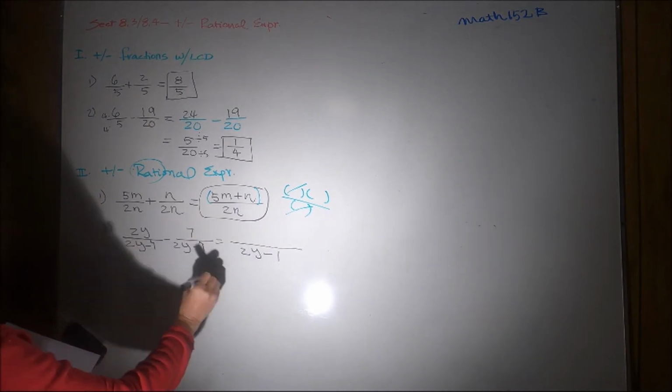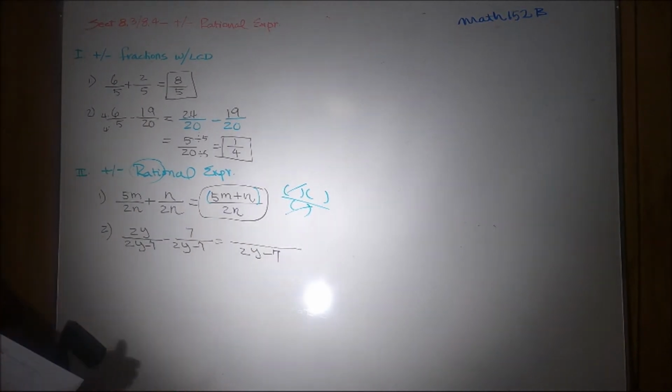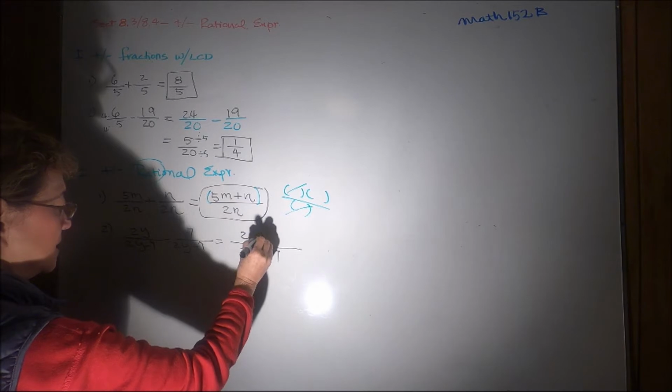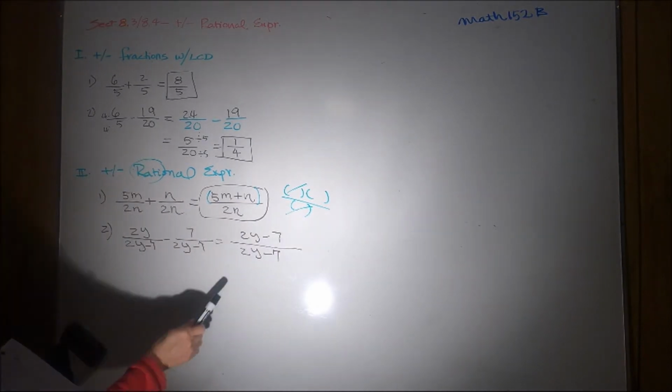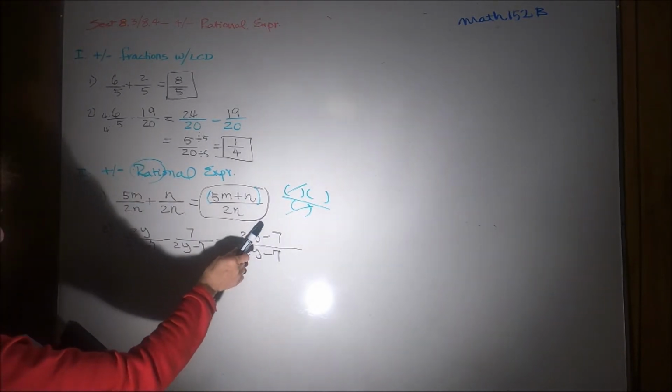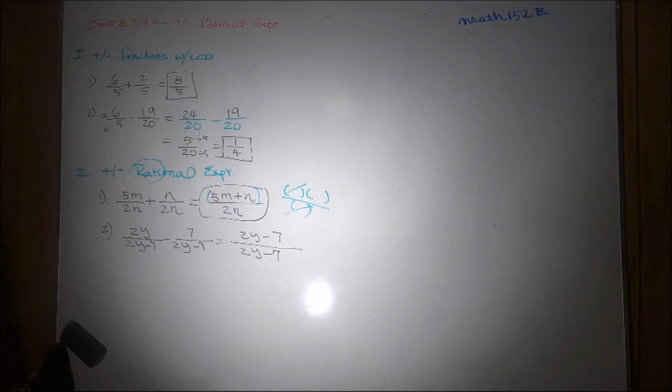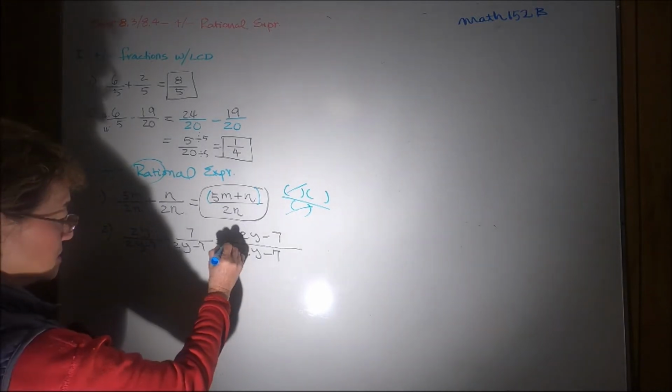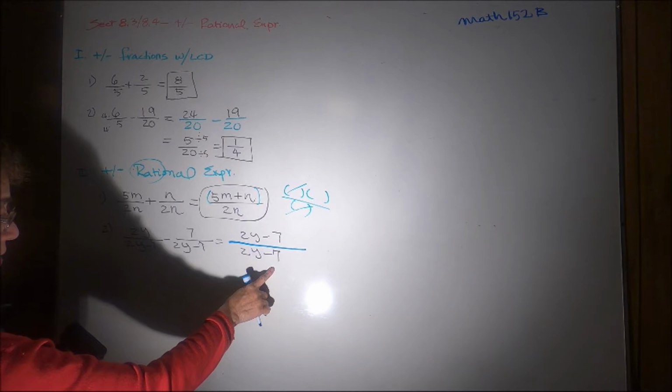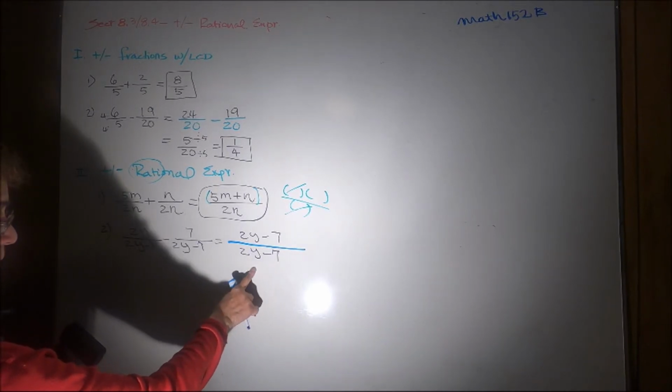Those are 7. So the top is the same thing, 2y minus 7. Do you cancel part of the bottom with part of the top? Don't do that, right? We say this is the group symbol. On the bottom is a group.